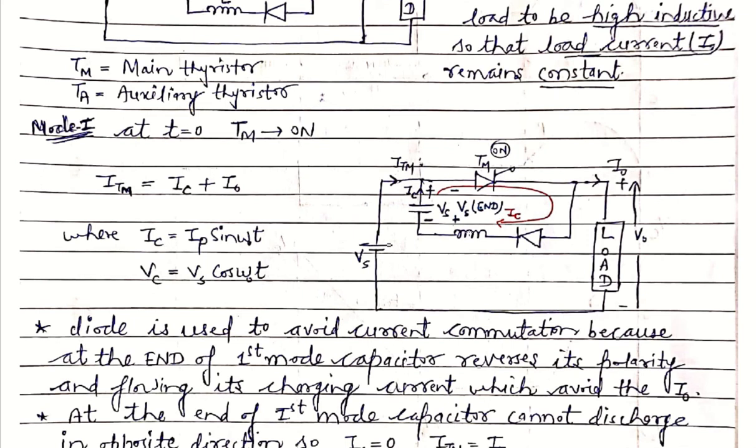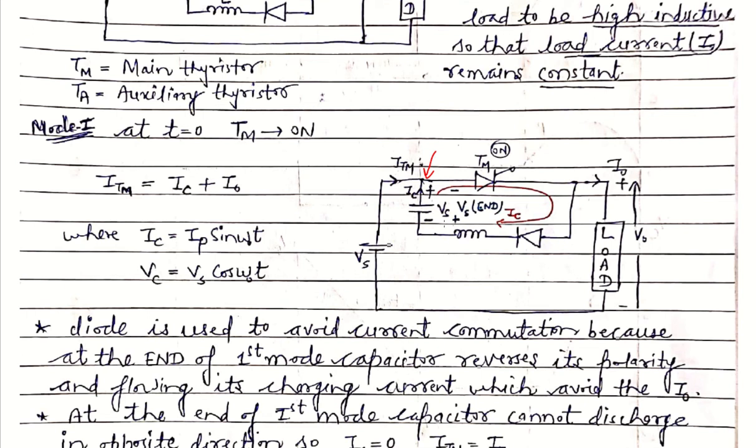If we apply KCL at this input point, then ITM, the main thyristor current, which flows from the source side, equals IC plus I0, because ITM equals I0 in steady state. The reference polarity is dictated by IC.